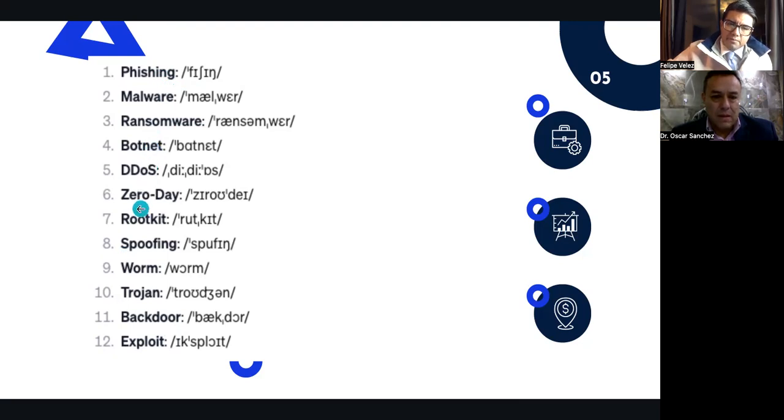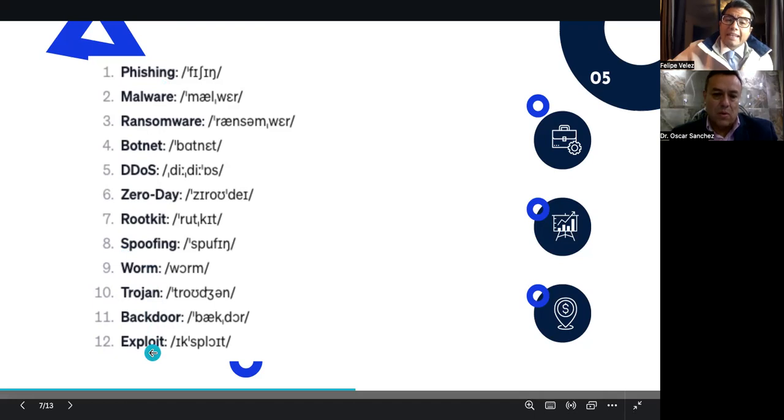Zero day. Rootkit. Spoofing. Worm. Trojan. Backdoor. Exploit. Very good.